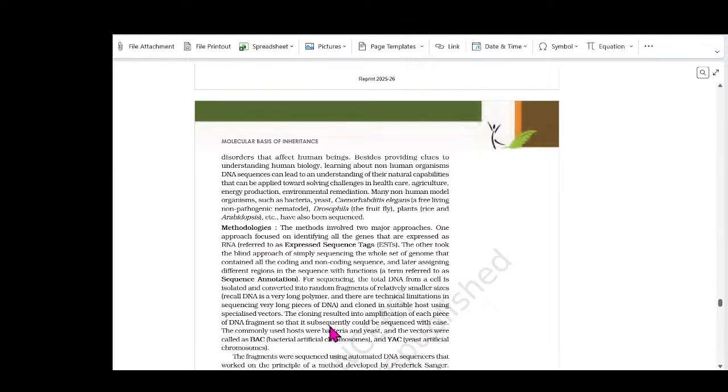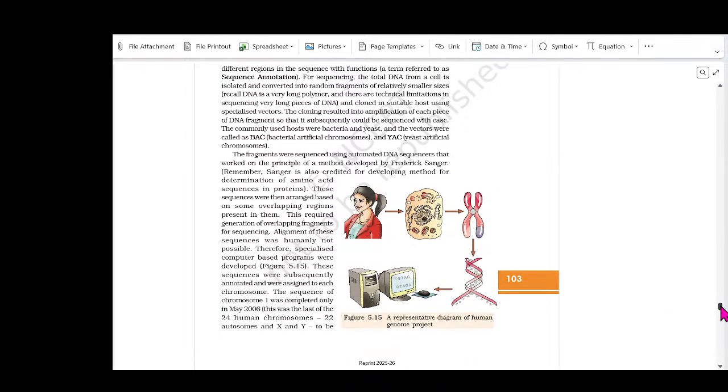The commonly used hosts were bacteria and yeast, and the vectors were called BAC or bacterial artificial chromosomes and YAC, yeast artificial chromosomes. The fragments were sequenced using automated DNA sequencers that worked on the principle of a method developed by Frederick Sanger.